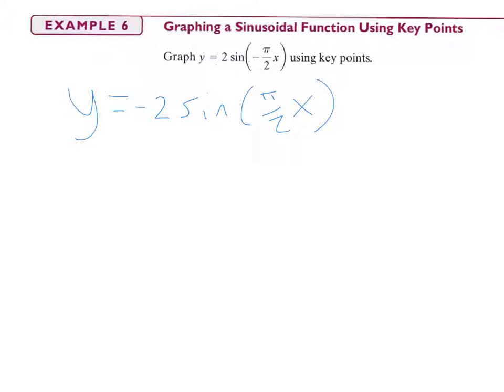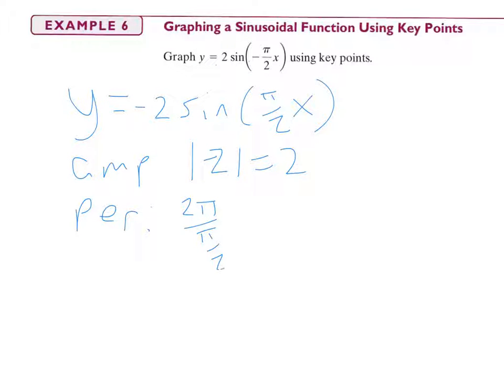So now the amplitude would be absolute value of negative 2, which is just 2. And the period would be 2 pi divided by pi over 2. So it'd be, remember you could do keep flip change, 2 pi times 2 over pi. The pi's cancel out, so you're left with a period of just 4.